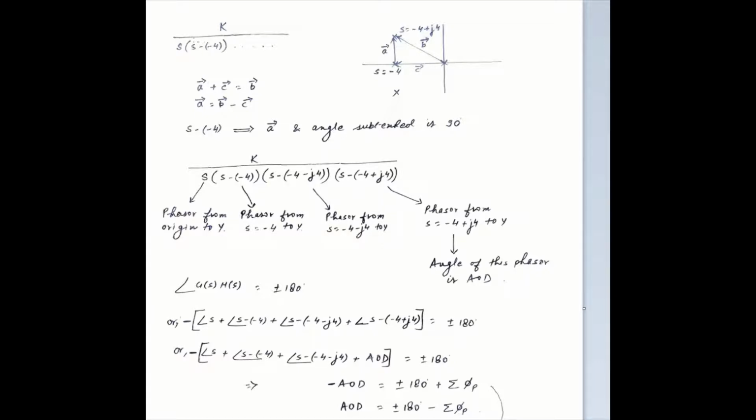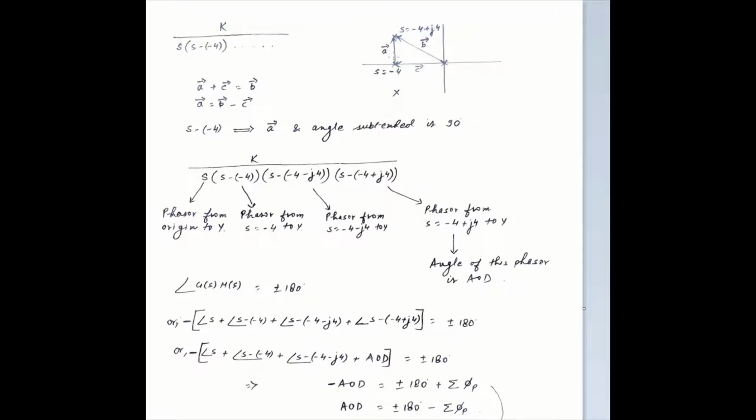This actually means that if we take minus 4 as a particular phasor, and this point s which is on the root locus, and if we draw a phasor from the origin to that point on the root locus, and this is the phasor from the origin to one of the poles, then if we subtract from this phasor to this phasor, we will get this resultant phasor.